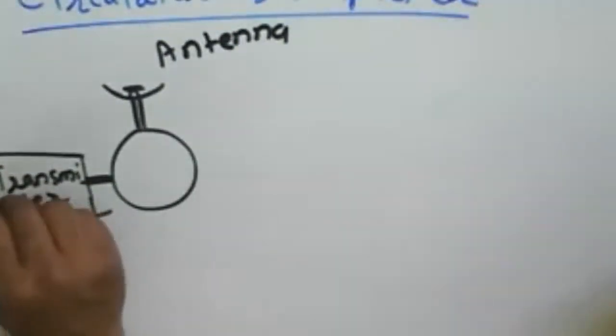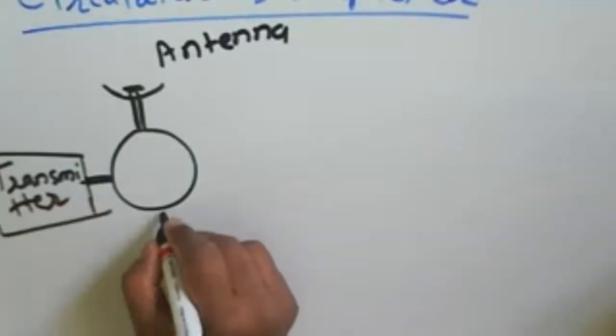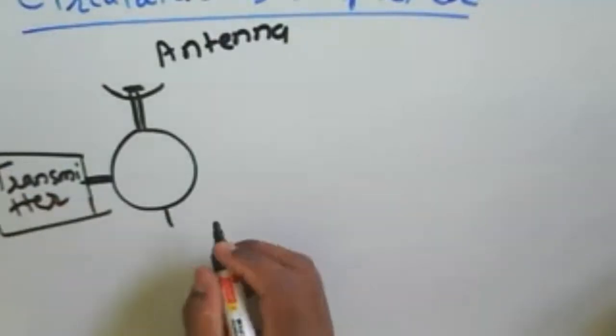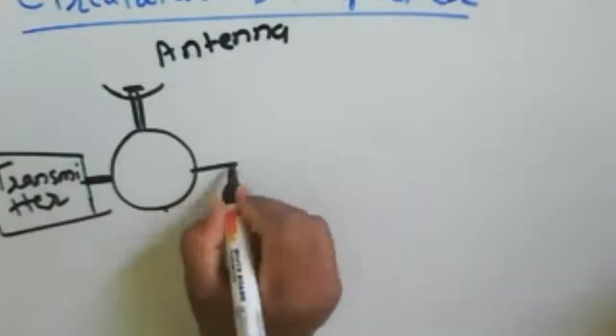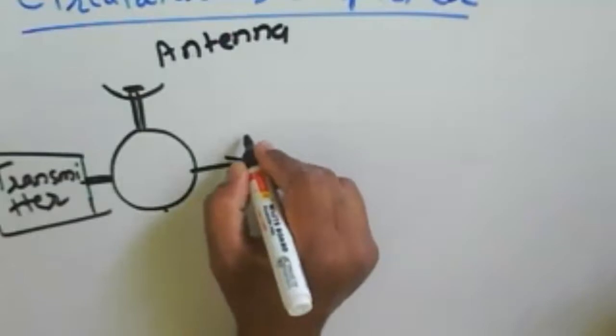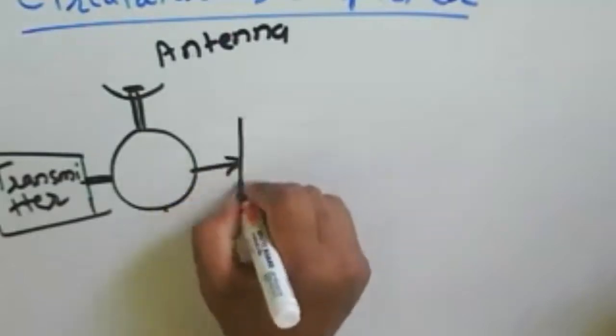Sorry, you can say that is the transmitter here, and another port, the third port, we consider it is a receiver now. Okay, that is the part of a receiver.